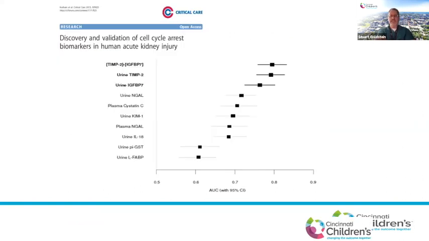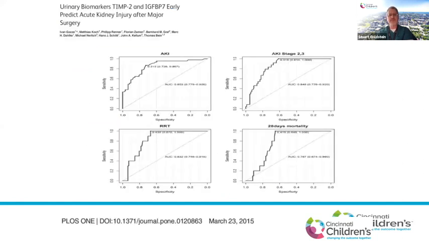And AKI was defined as KDIGO stage 2 or 3 within 12 hours of sample collection. And what you can see here is that while NGAL and other urinary biomarkers seem to have decent prediction of development of AKI, the cell cycle arrest markers TIMP-2 and IGFBP7 and their product had an AUC of about 0.8 and seemed to work much better in adults.